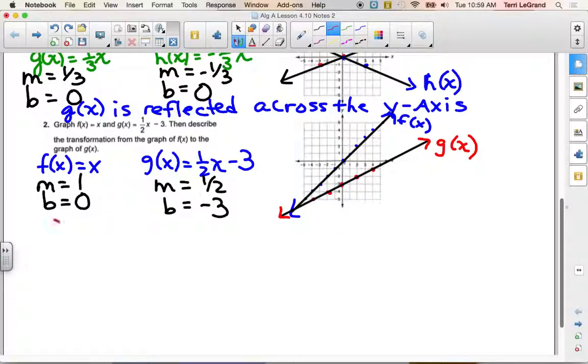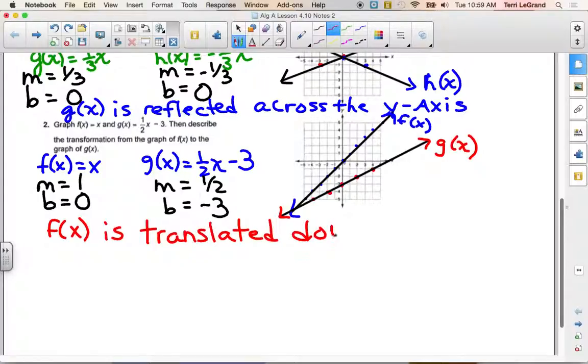So we're going to say f of x is, let's start with the translation. That's the first one we learned yesterday. F of x is translated down 3 units. We always have to talk about direction. You can't just say it's translated 3 units.